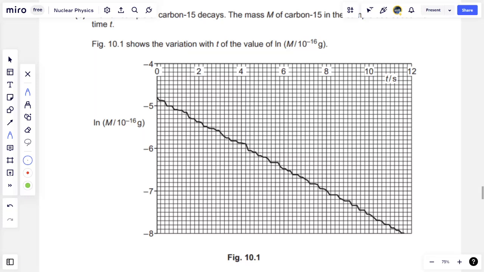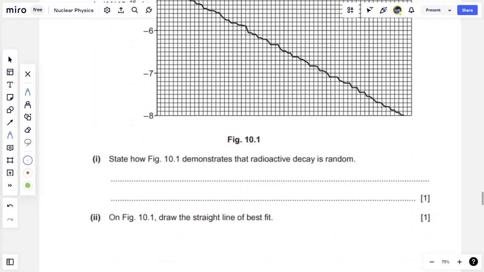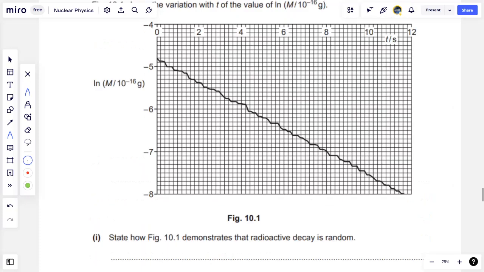So I'm given a very shaky graph, but this graph roughly looks like a straight line that sort of happened upon an earthquake. It's shaky. And the first question says, state how this figure demonstrates that radioactive decay is random. Now I can see that the time between decays varies.